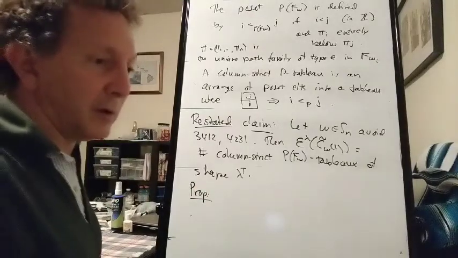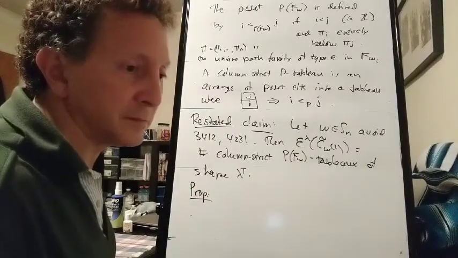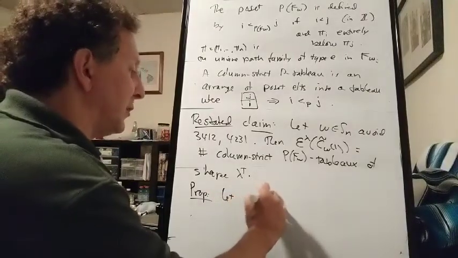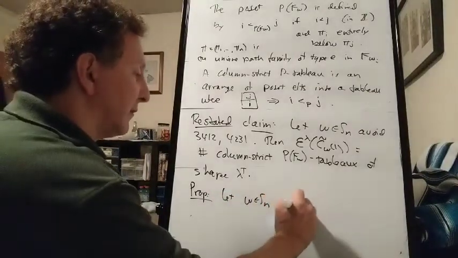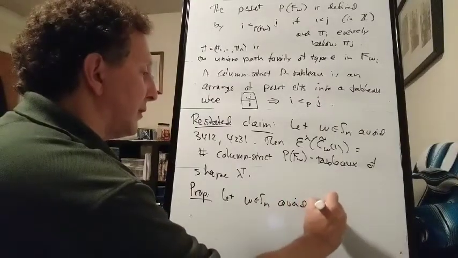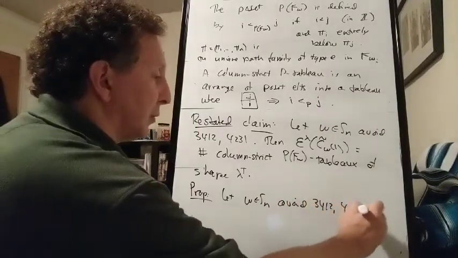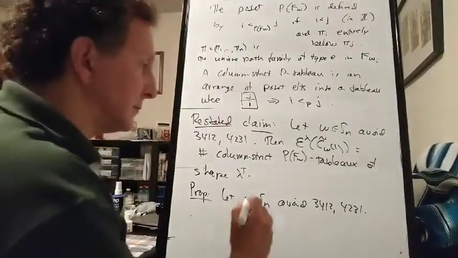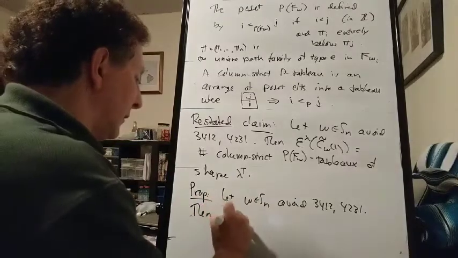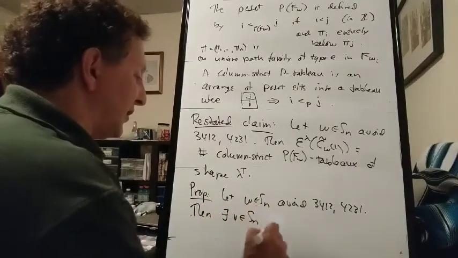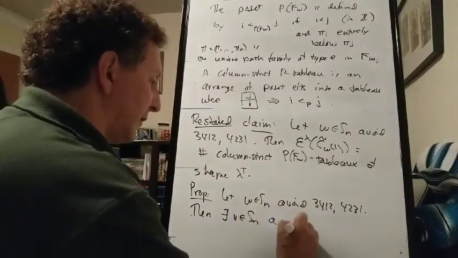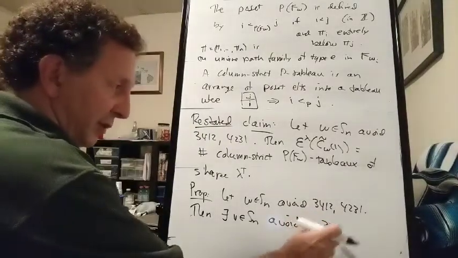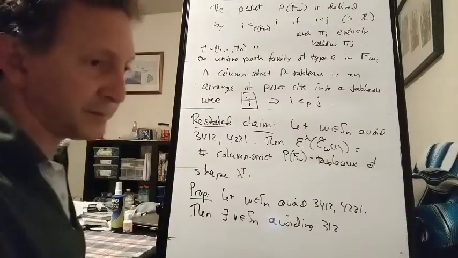And that leads to another proposition. So let's let W in Sn again avoid 3, 4, 1, 2 and 4, 2, 3, 1. Then there's another permutation V in Sn avoiding 3, 1, 2. So this is a subclass of that class, a smaller class.